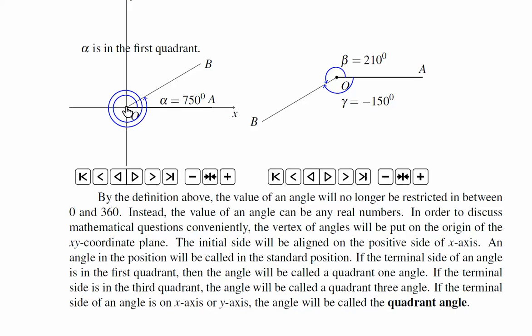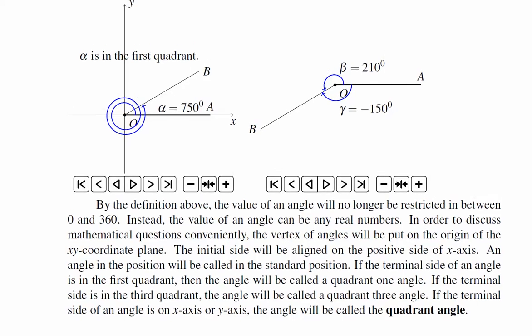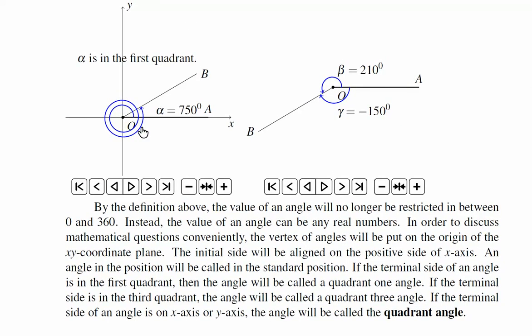You will put the vertex of the angle on the origin and align the initial side on the positive direction of the x-axis. And then angle B in this case will be called the first quadrant angle because the terminal side is in the first quadrant.